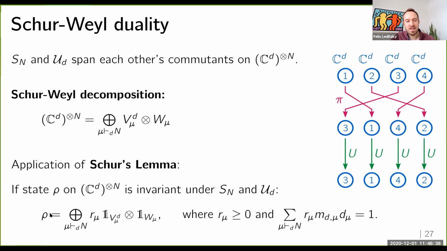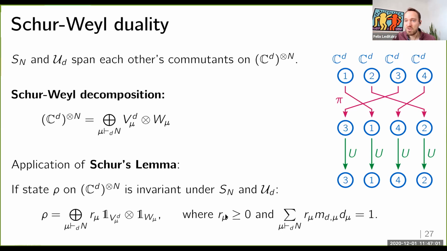Okay, so I can find a particular basis, which is called the Schur-Weyl basis, in which rho looks like a block matrix, and there's more structure to it. In each of these blocks, it's proportional to the identity, and the proportionality factor is just an eigenvalue of rho. Okay, so these numbers r_mu.